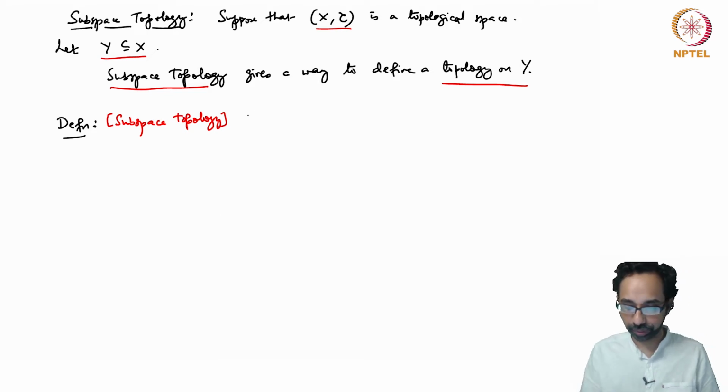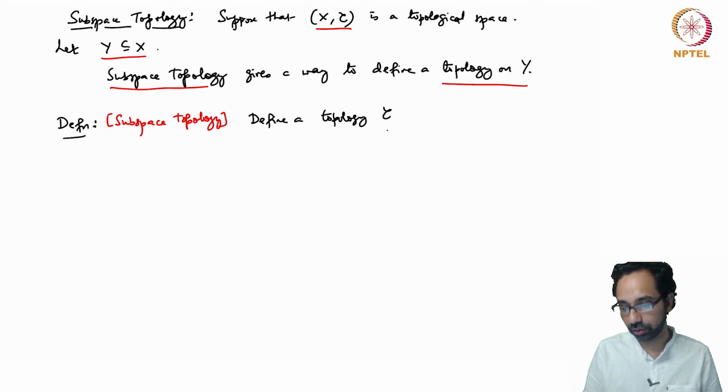This is simply given by the following collection of subsets of Y. So define a topology, which we denote by tau Y, on Y as follows.